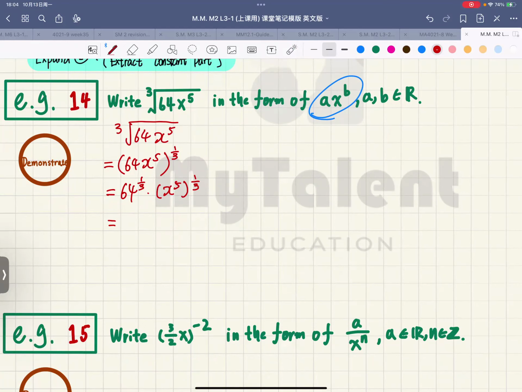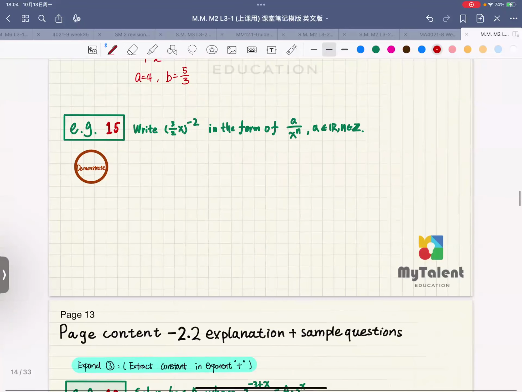Any idea what 64 to the power of 1/3 is equal to? Good. Right, so basically if they're asking for a, a is equal to 4, b is equal to 5/3. Good. Okay, let's move on.